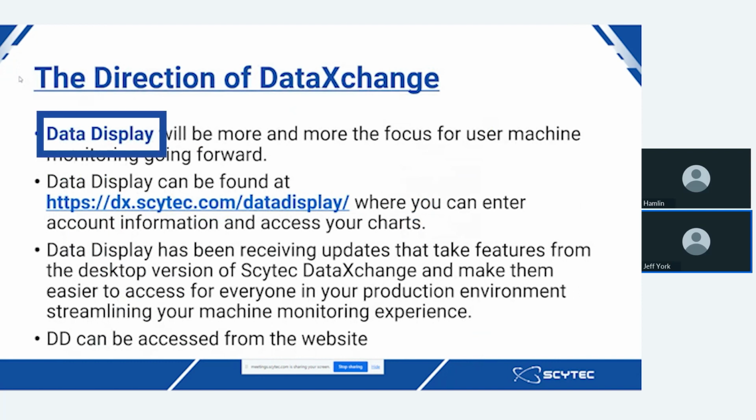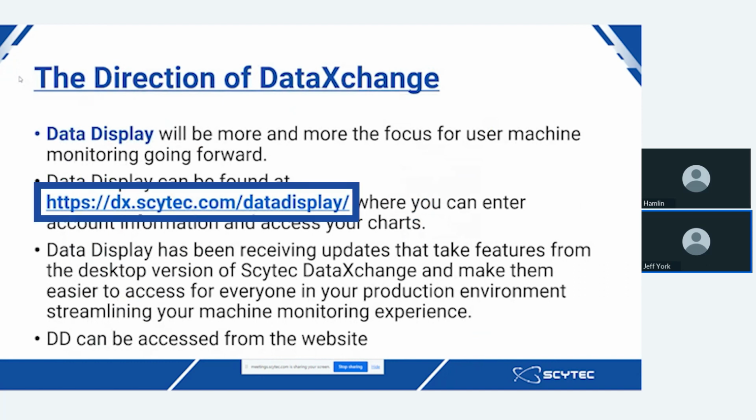Data Display is the browser and mobile reporting tool with all of your favorite charts from Scytec DataXchange, the Windows desktop version, that you can find by going to dx.scytec.com/data display, where you can enter in your account credentials and access your charts that way.